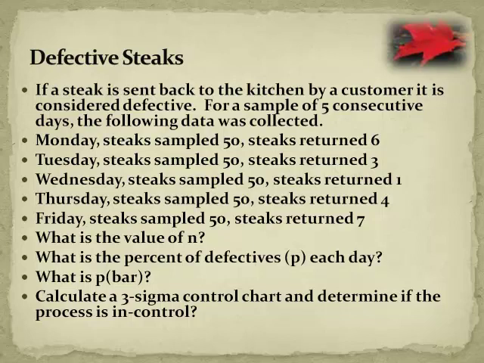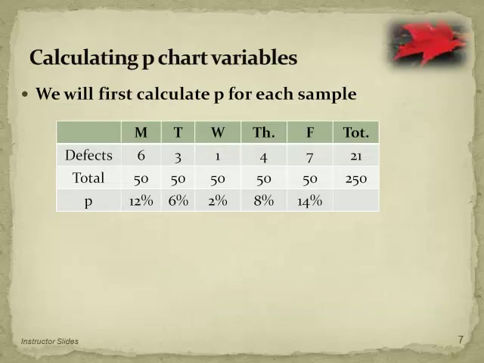So a 3 sigma control chart is going to indicate that in our formula for the variable z, as in zebra, we will substitute the number 3 for it. So we first need to calculate what the percent defective is for each day of the week.